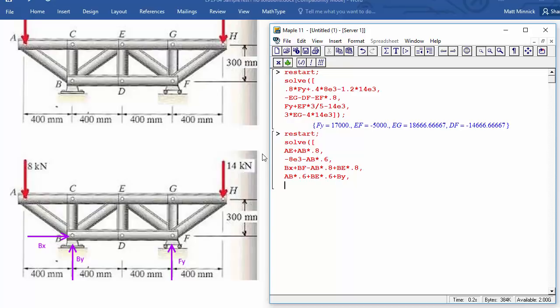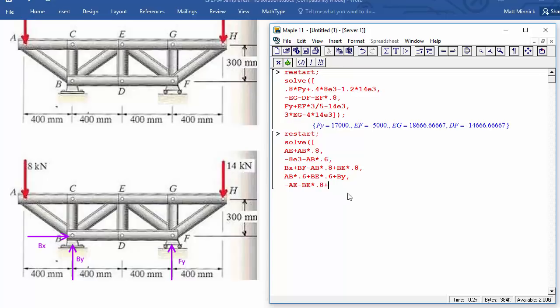Okay, AB we don't have to do, C, D we don't have to do, E in the horizontal, we've got, what do we call that, AE. The hardest part is sort of remembering what you called the thing. So let's see, we've got negative AE, and we've got minus BE times 0.8. That's the horizontal part of member BE.